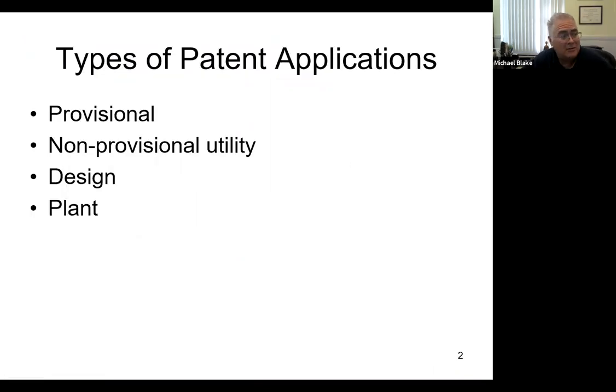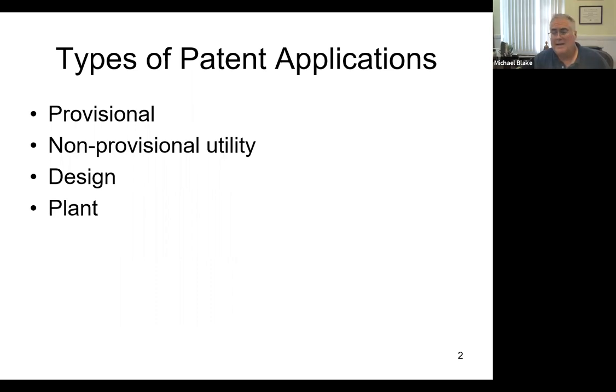So there are four main types of patent applications. The provisional is one, and that's a utility type patent application, which protects the way an invention works. The non-provisional utility is the full patent application that also protects how an invention works, but the non-provisional is the one that gets examined by the patent office and will ultimately either issue into a patent or get finally rejected and not issued.